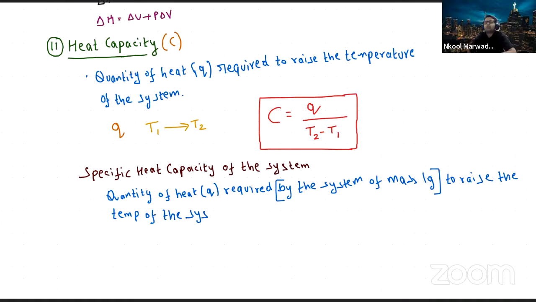This is the specific heat capacity. In specific heat capacity, the mass of the system is 1 gram.